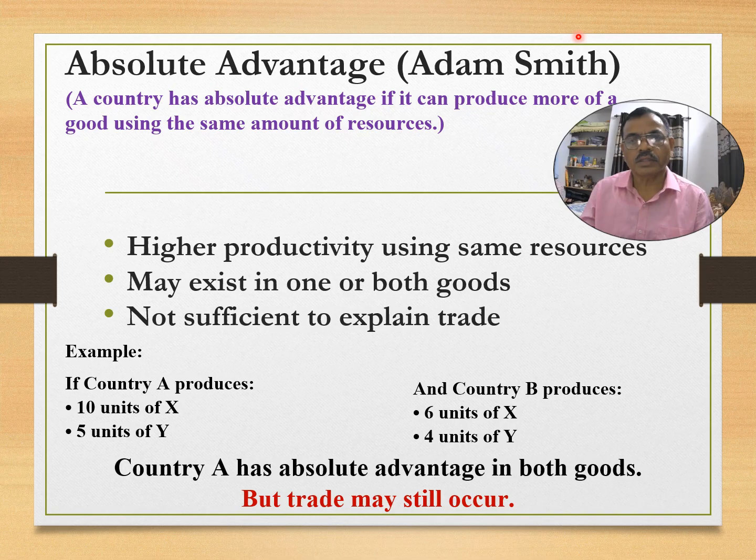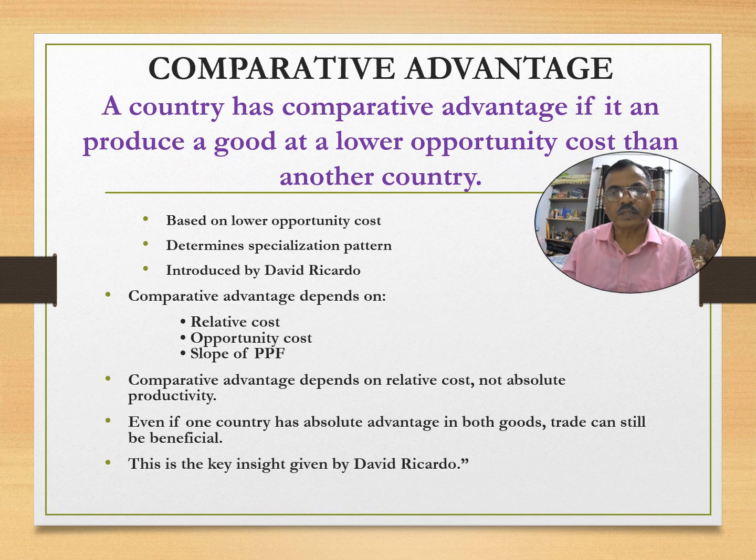So let us now define comparative advantage clearly. So the key question becomes, what happens if one country is absolutely more efficient in all goods? Does trade still make sense? The answer is yes.